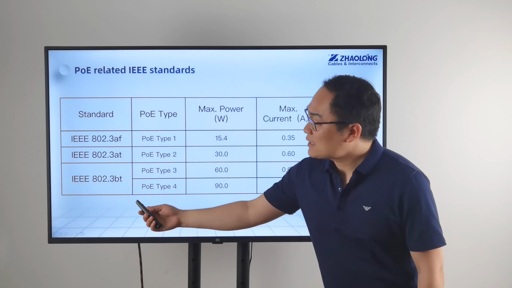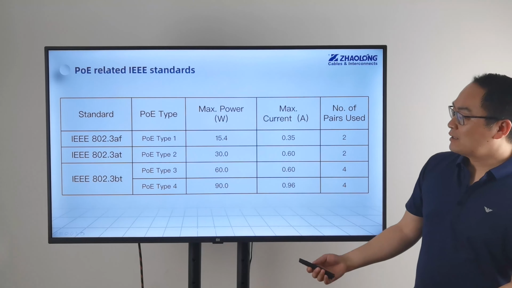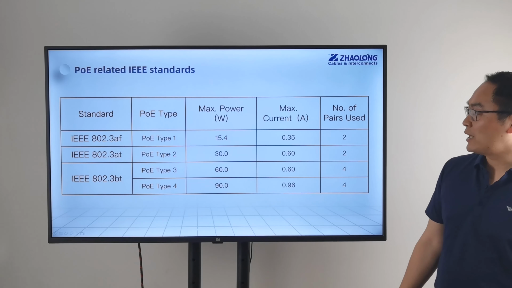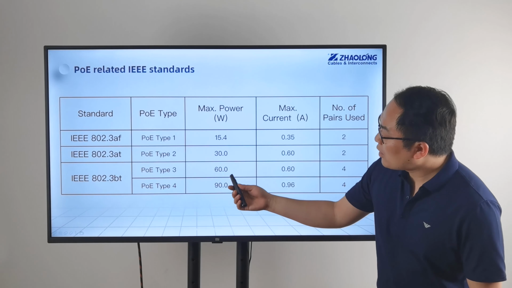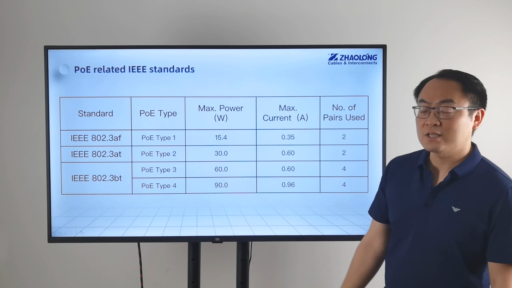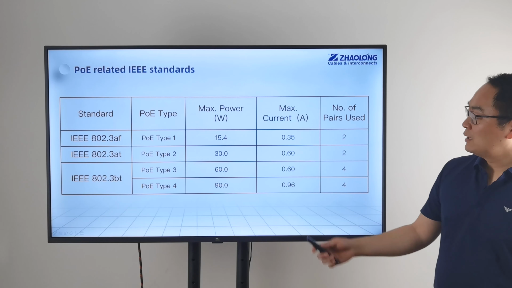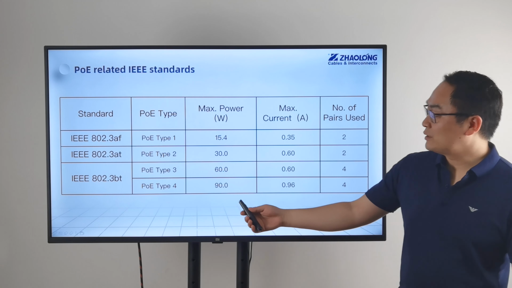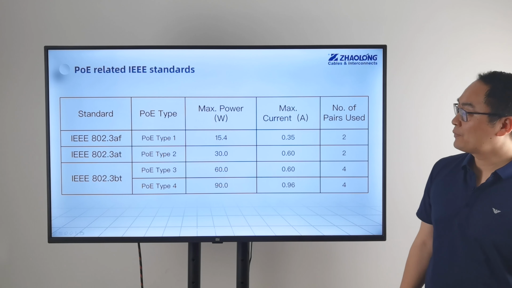The latest standard for POE is IEEE 802.3bt. In this standard, you can use up to 4 pairs in a single cable rather than just 2 pairs. So the maximum power has been doubled up to 60 watts with the 600 milliamp current. And if you can deliver 1 amp current, then you can transfer maximum power up to 90 watts.